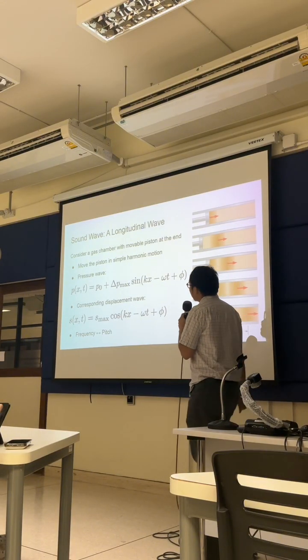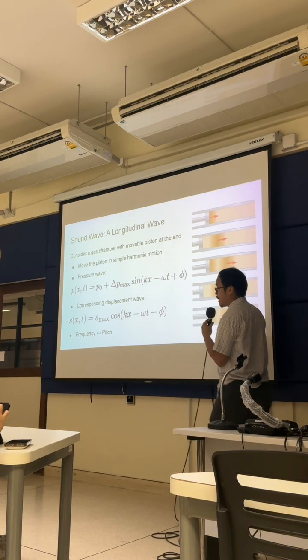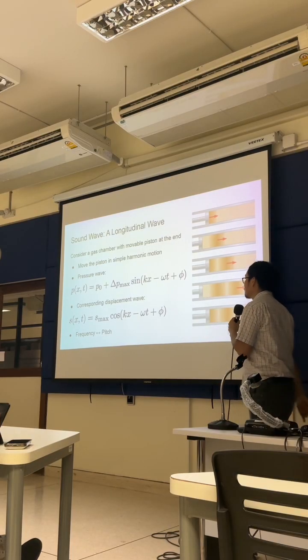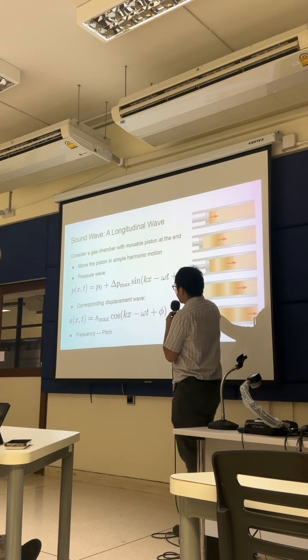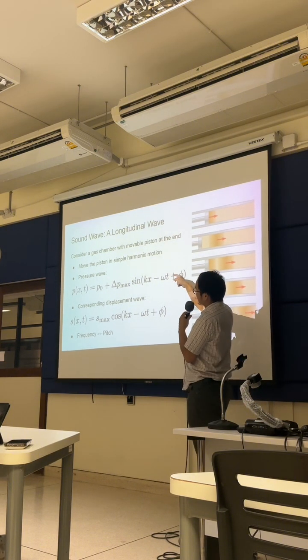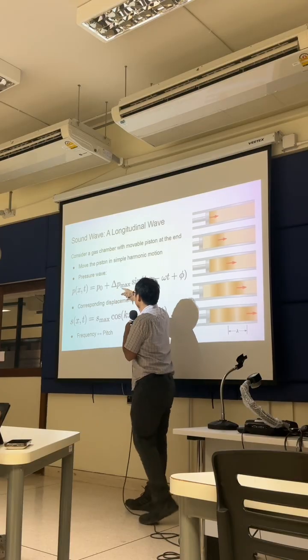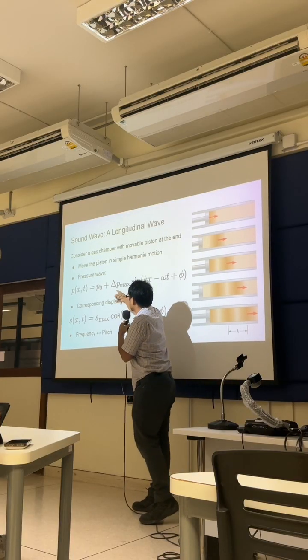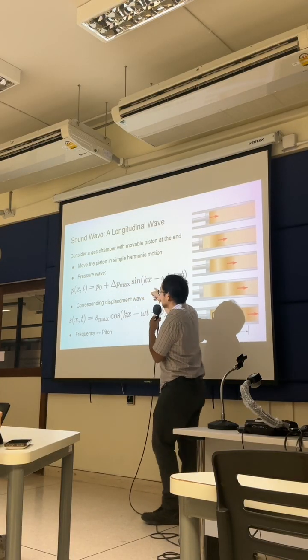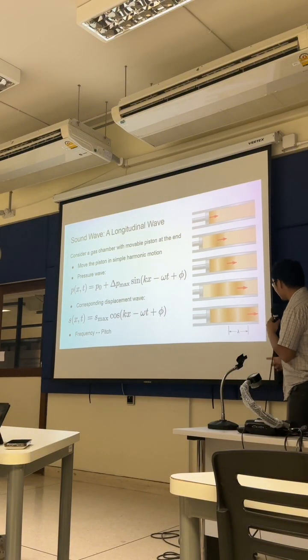And that is the pressure wave, meaning that if we write this down mathematically, we just see that the pressure at some position x and some time t is just some average pressure, right, plus the amplitude delta p max times the sine function, like the wave on the string, right?